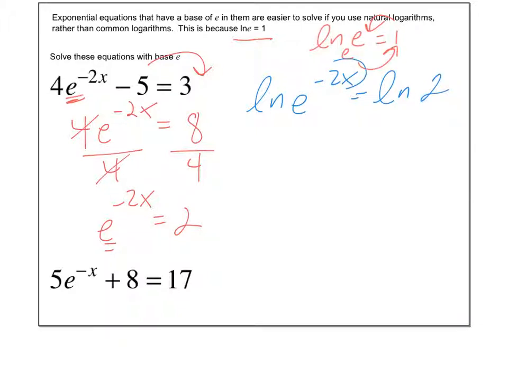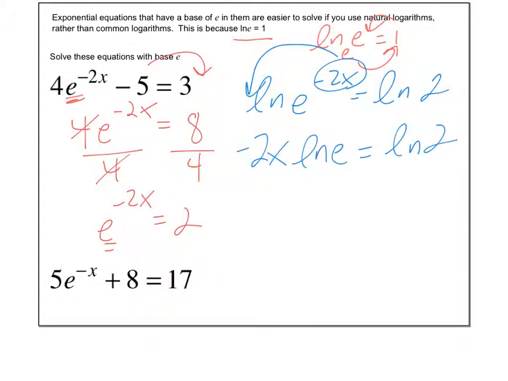And just like our exponent property rule, we could bring this exponent of negative 2x out in the front, and we have the natural log base e of e, which is 1.